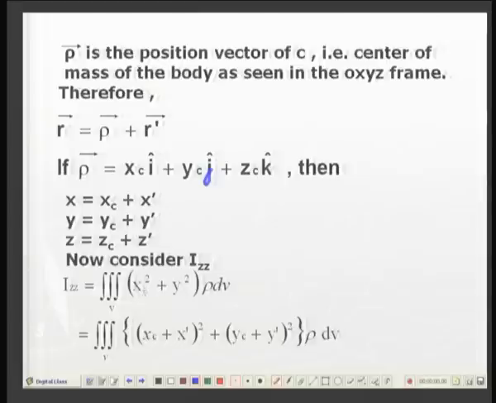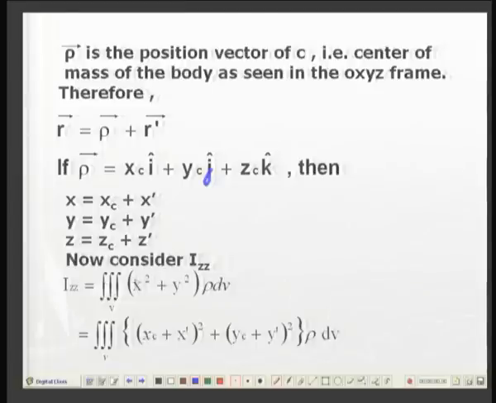Now consider one of the moments of inertia, that is Izz. By definition, in the new coordinate system, Izz is equal to the volume integral of x square plus y square into the mass density rho, taken over the entire volume.